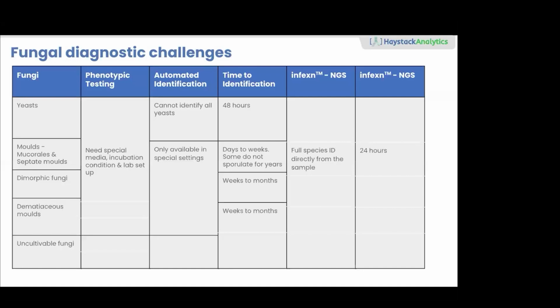Now, when we speak about next generation technology, where we are doing targeted sequencing using the Infexn test, it gives a full species identification, in this case Fusarium succinatum. It was directly from the sample and within 24 hours. This was a valuable piece of information which correlated with the clinician's early suspicion that something was off.